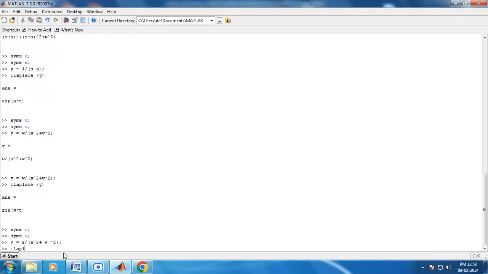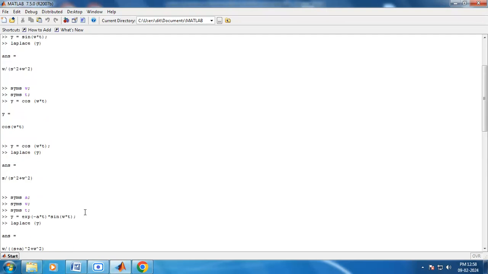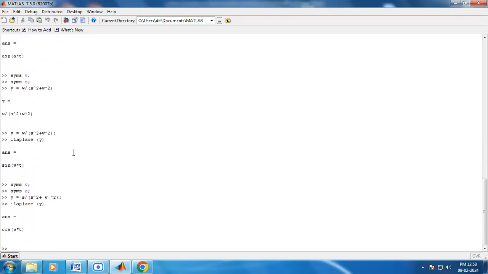Inverse Laplace of y, put the semicolon here as we are expecting the result. So it is cos omega t. You can see that when we took cos omega t, our answer was s divided by s square plus omega square. So for the inverse, if we take that answer, this should be coming. It is coming, so the result gets verified.